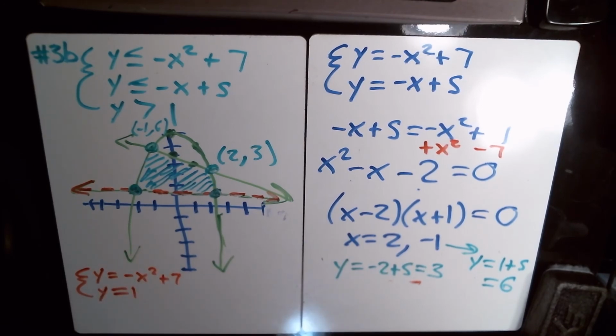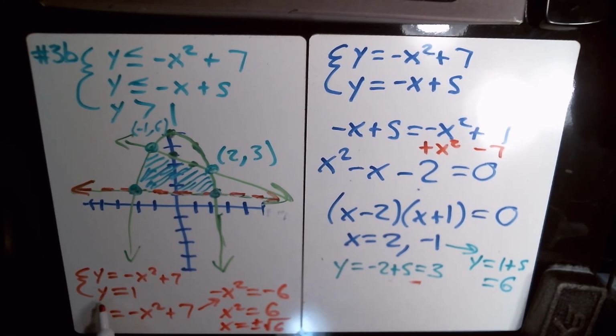We're going to do a substitution, so we get 1 equals negative x squared plus 7. Subtract over the 7, so we get negative x squared is negative 6. And then we just multiply by negative 1 on both sides. x squared is 6, and then take the square root. So x is plus or minus the square root of 6. Okay?